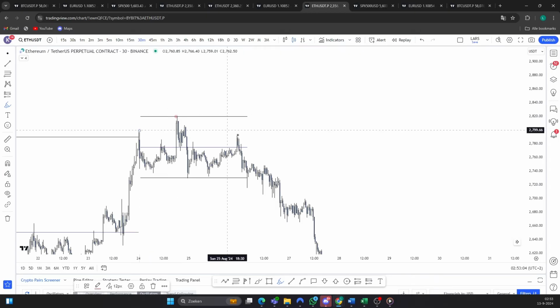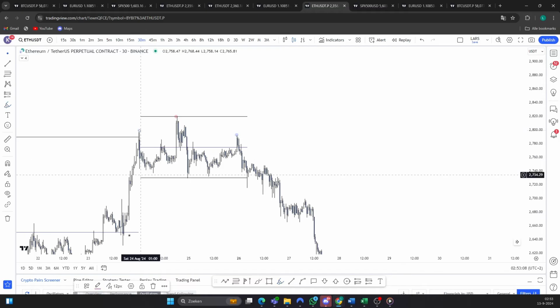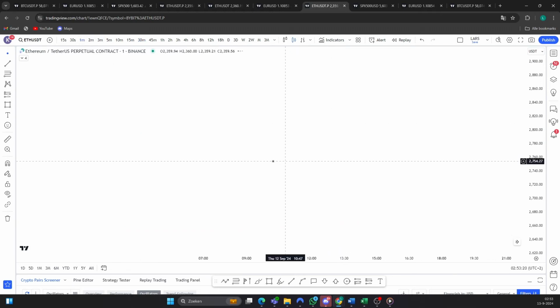Range high, deviation 1, deviation 2, or third tap, I mean. Let's make those blue. And then we could have confirmed our entry right there. Let's zoom in on a lower time frame like the 1.